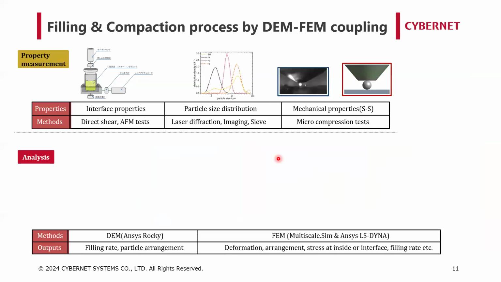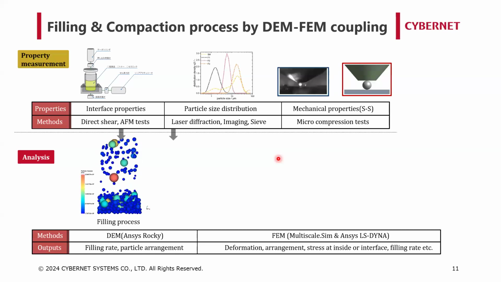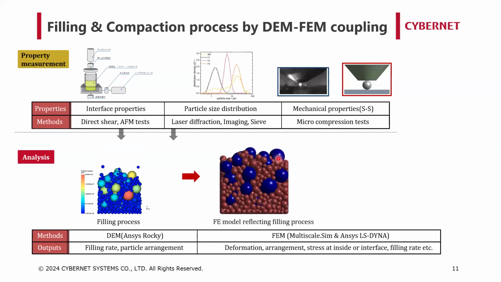Let me explain in more detail about the analysis flow to use DEM and FEM for this problem. As I mentioned earlier, the particle filling problem should be handled using DEM in terms of analysis efficiency. On the other hand, FEM can be used as a method for dealing with powder compaction problems when evaluating the performance of molded products.